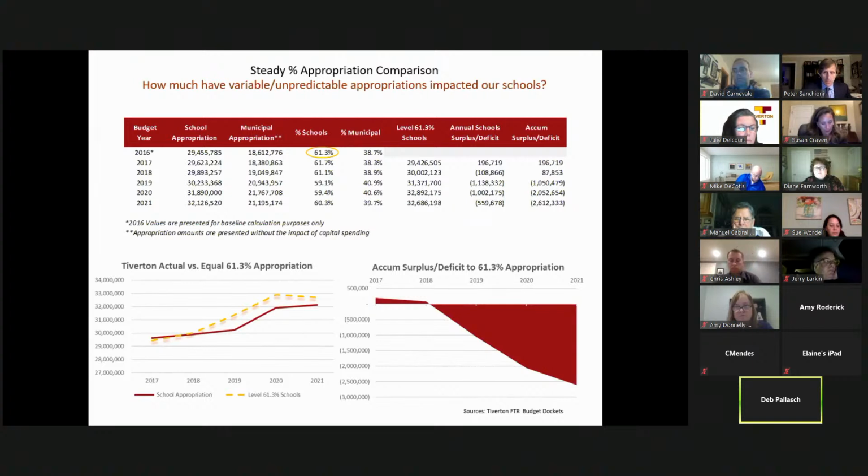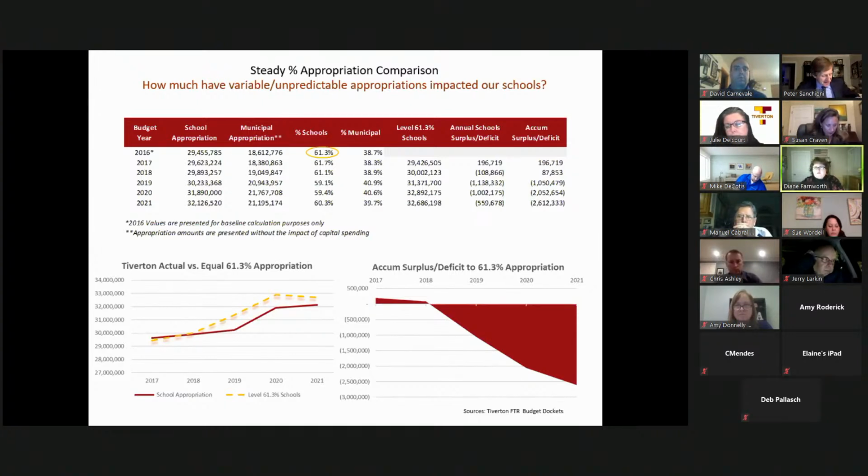So certainly there were some bonds that were being passed, but from an operational standpoint, which is day-to-day teaching the kids, they definitely constrained that budget year after year after year, as you said, in combination with the inflation, and that really has gotten us to where we are. And certainly, people could make an argument that, well, I think you should only be 60.3 versus 61.3. And they have a right to make that argument, but they do need to understand the impact that is having on the school operations and the operational budget. And that is what's driven this $1 million deficit.